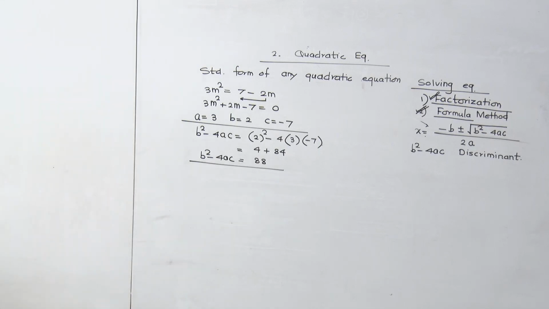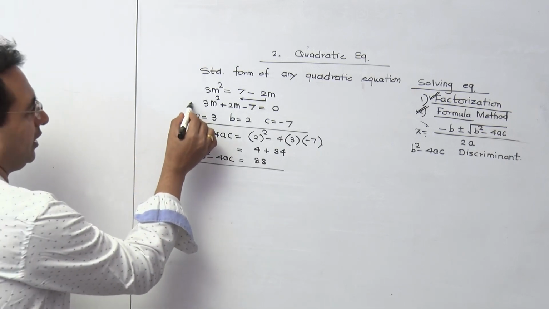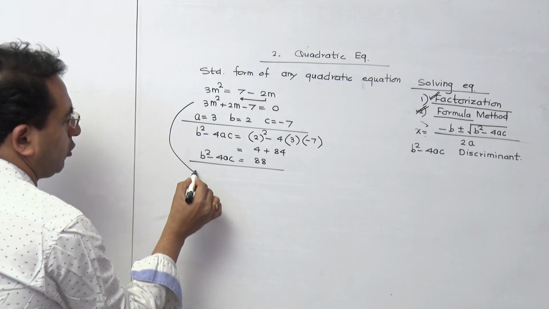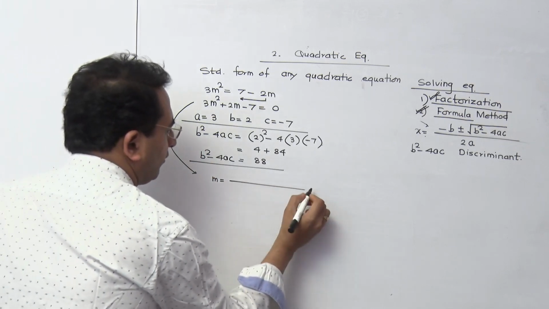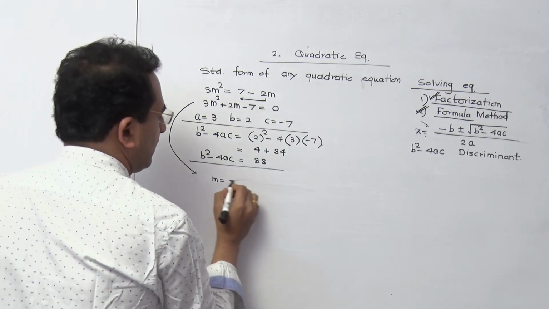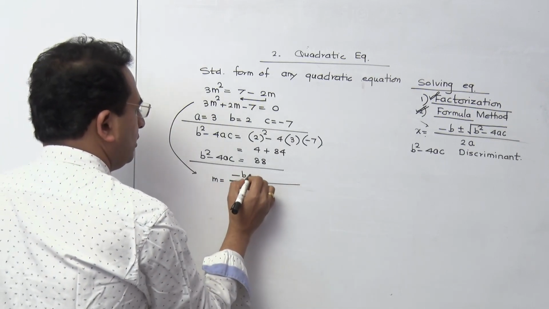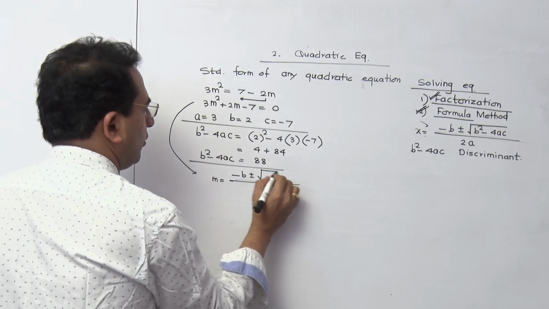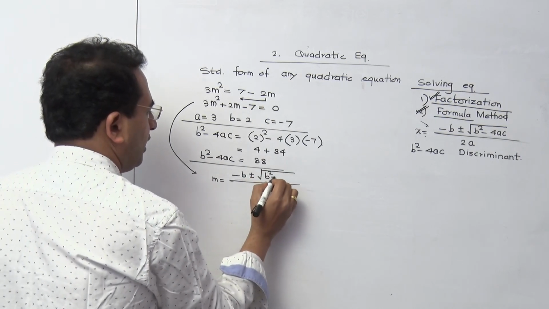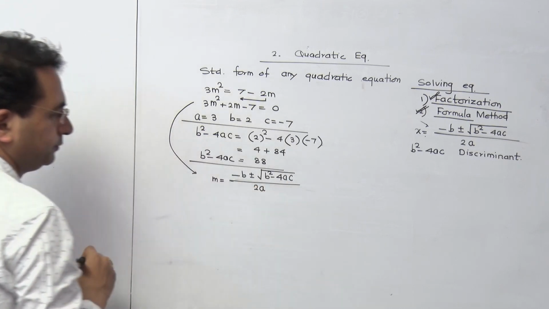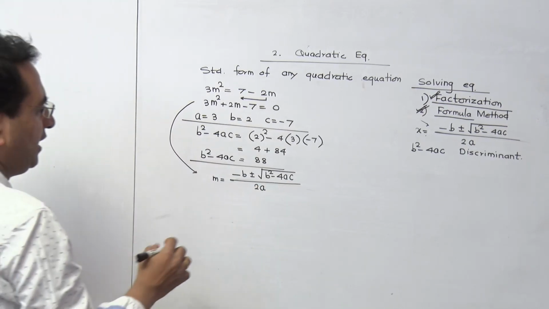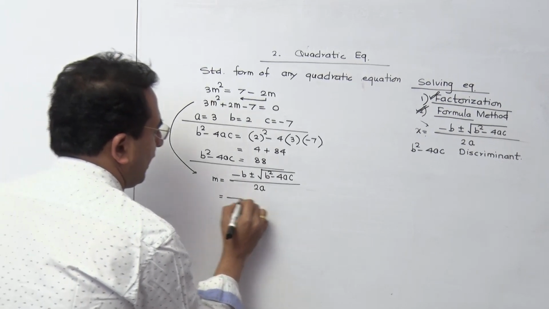Now we can write the formula. Remember one thing, that the variable involved in the quadratic equation is to be written here, that is m. Our formula will be the same, that is minus b plus or minus square root of b square minus 4ac upon 2a. Now when you are writing this, substitute the values here directly.